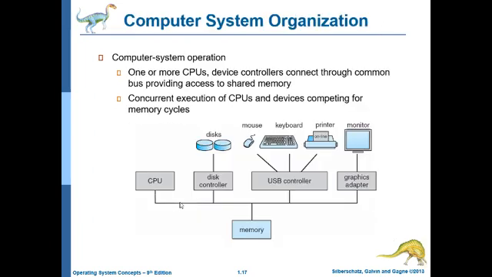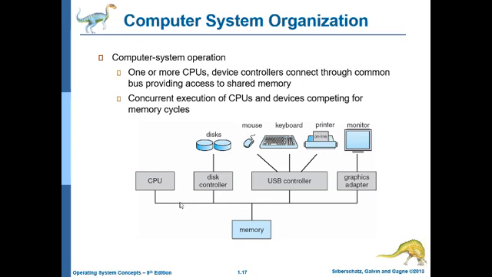Then this is about computer system organization. What you see here is different devices or different parts of computer, and the important thing here is that all of them are connected to one another using something which is called system bus.